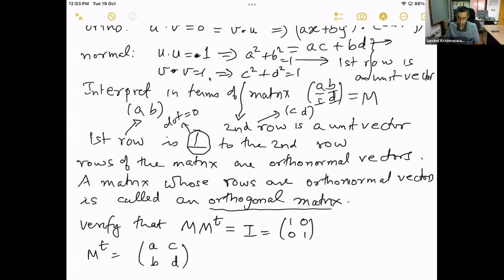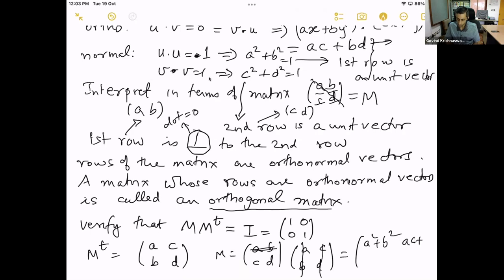Basically, we flip the matrix along the diagonal. So this is the transpose matrix. And then the original matrix, of course, was ABCD. Now, if you multiply the two, I put this transpose by the side and multiply the two. The way to multiply is first row times first column. I'll get A squared plus B squared. Then this entry is first row times second column.